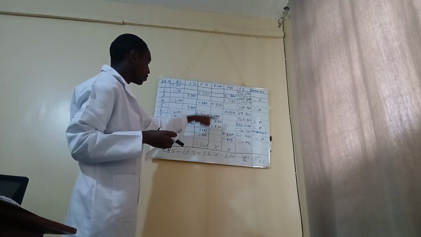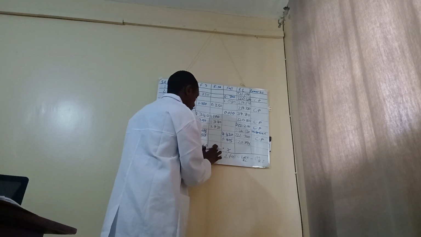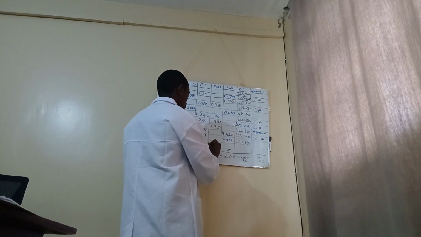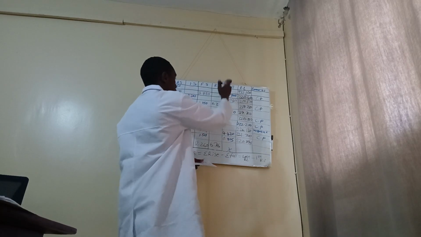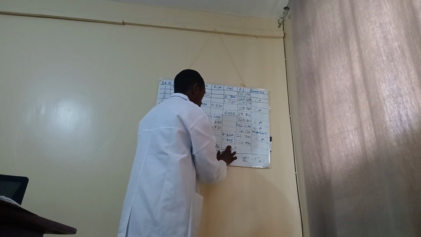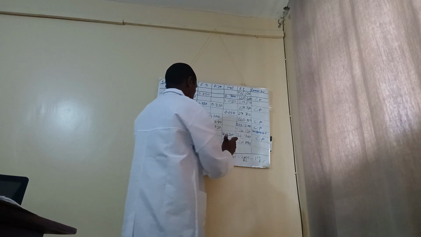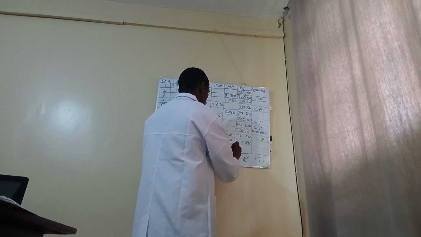The rise, the same thing. You add all of them and you get your summation, which is 6.76. The same thing for the fall. You add all of them together, and you get 6.965.